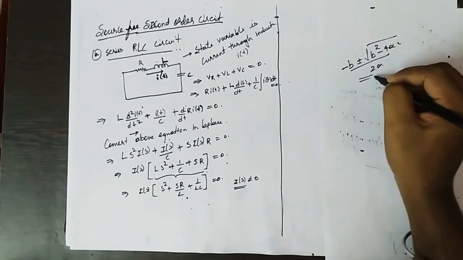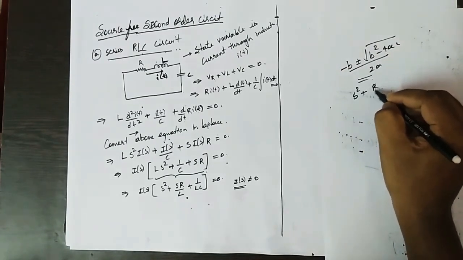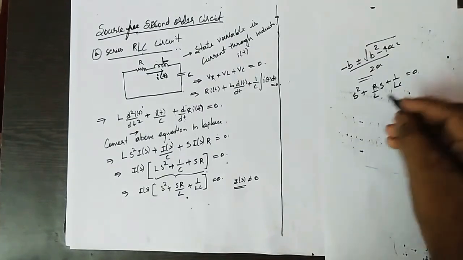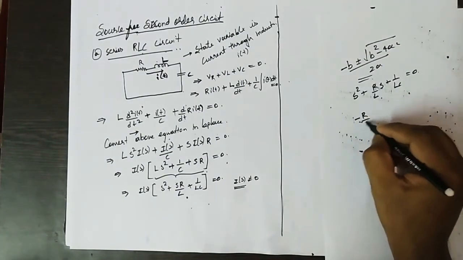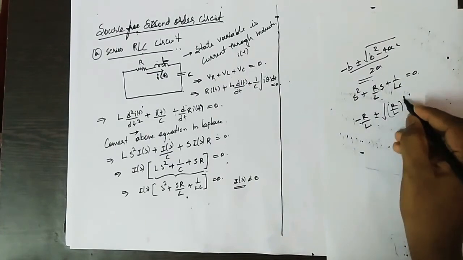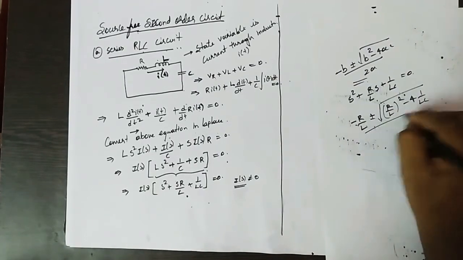2a. So this equation can be written as s square plus R by L s plus 1 by LC. So minus b means R by L plus or minus root over (R by L) whole square minus 4 into 1 by LC, by 2.